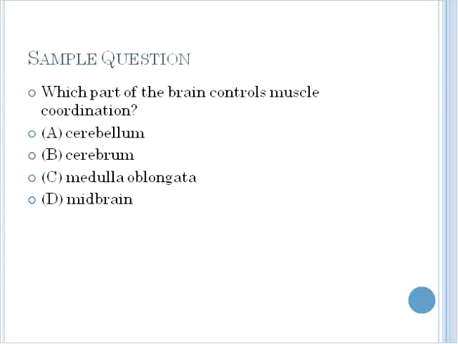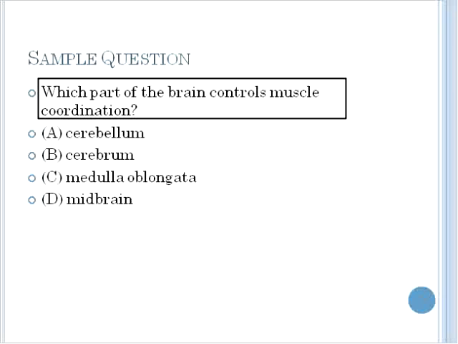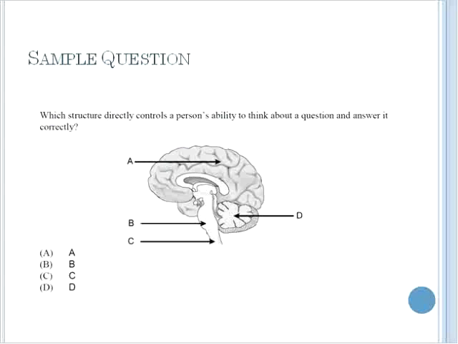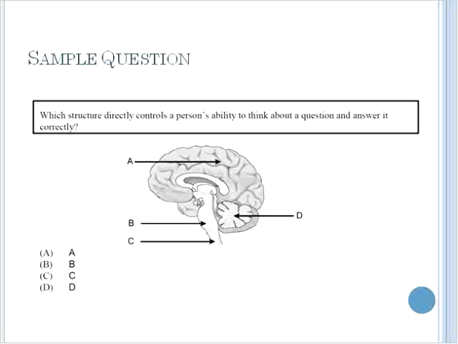This question here asks the exact same question without the aid of a diagram. The answer would indeed be the cerebellum. And lastly, which structure directly controls a person's ability to think about a question and answer correctly? D, the cerebellum.